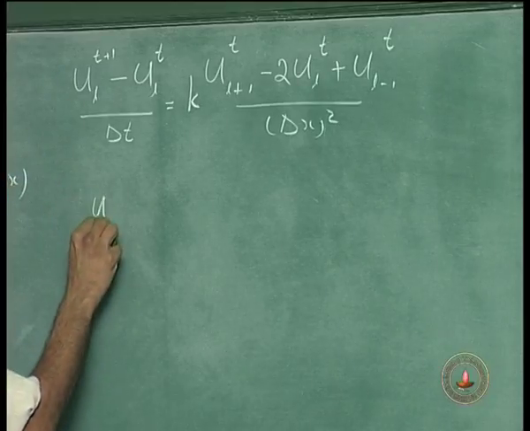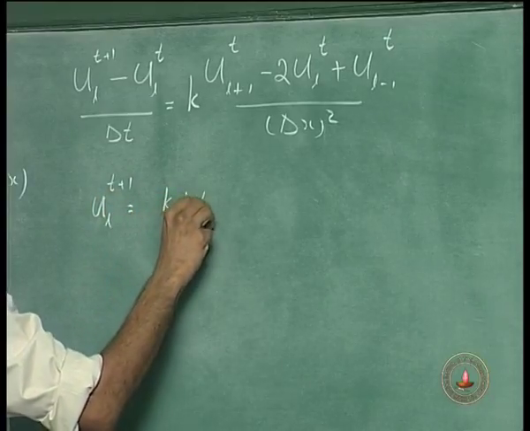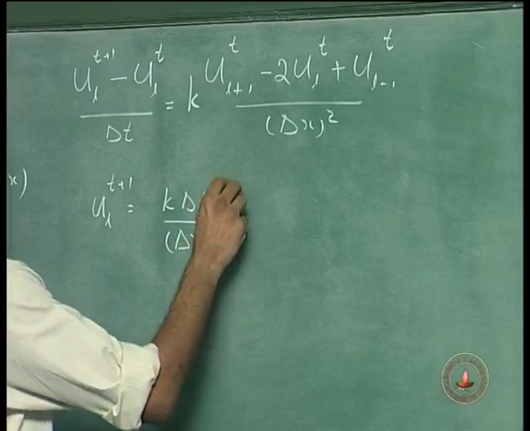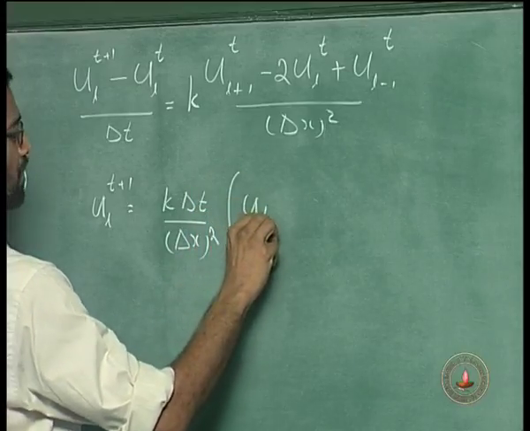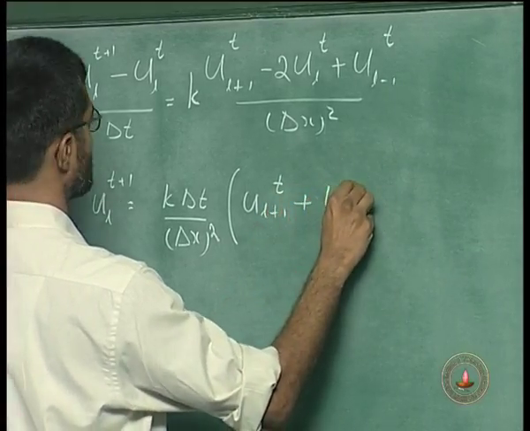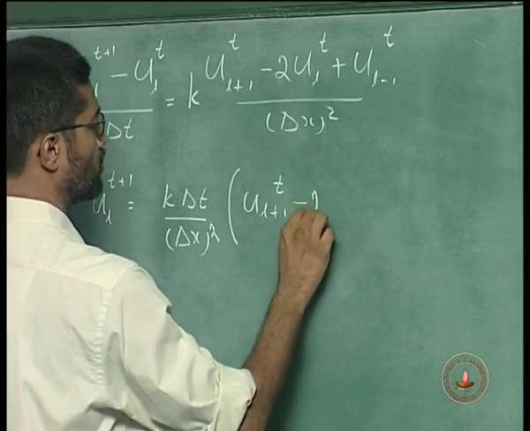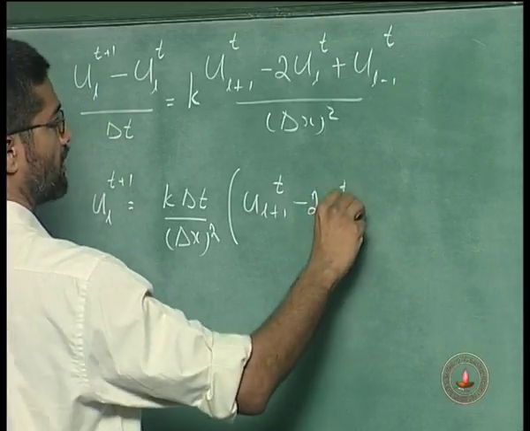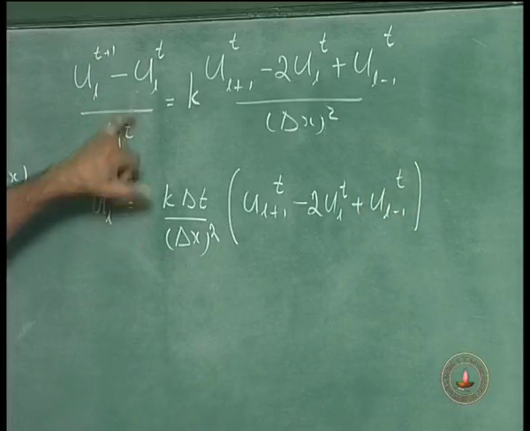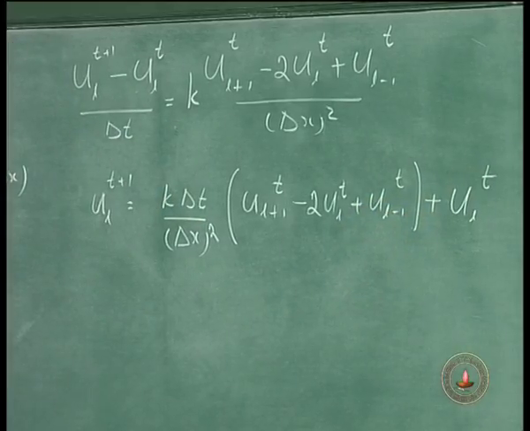So we can write u_l at t plus 1 is equal to k times delta t by delta x squared, into u_(l+1) at t minus 2 u_l at t plus u_(l-1) at t, plus u_l at t. So that's the equation which we will be writing.